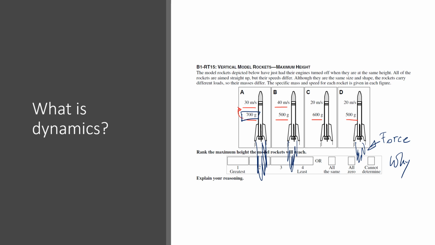Why do things move? As opposed to, say, kinematics. Kinematics is up here when we just talk about the velocity, acceleration, or displacement. Kinematics is just describing how things are moving. We don't really know why. That's this chapter. Dynamics is about why things move, about forces, and about Newton's laws.